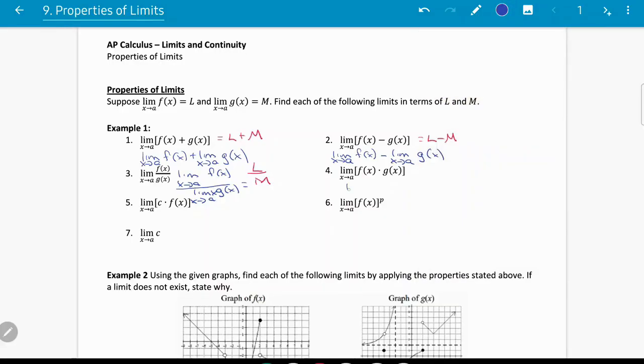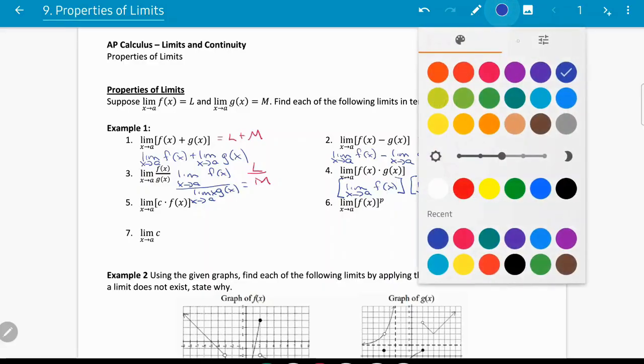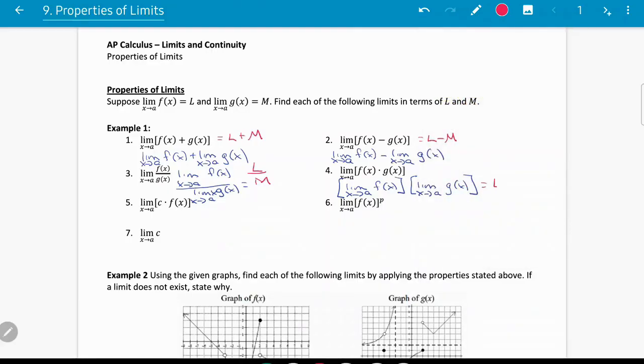So we have the limit as x approaches a of f of x times the limit as x approaches a of g of x, and that is going to be L times m.